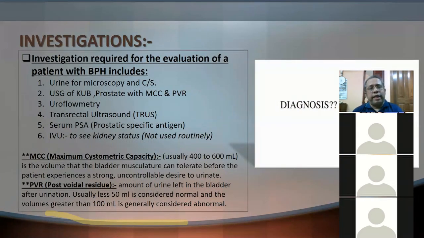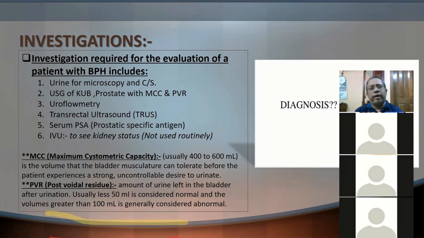So what about the investigations? This is a very important thing. A lot of investigations are needed for the surgery, but here I have written only those related to the diagnosis. For diagnosis of benign enlargement of the prostate, always remember that the investigations needed are related to the disease, the disease in the urinary tract.